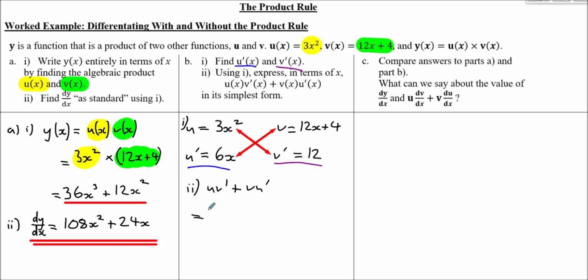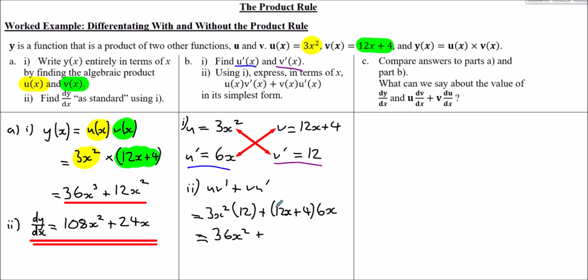u is 3x squared times 12 plus v, which is 12x plus 4, multiplied by 6x. So 3x squared multiplied by 12 gives us 36x squared. And then over here, 6x multiplied by 12x.